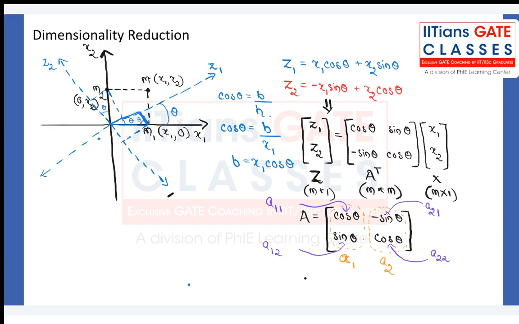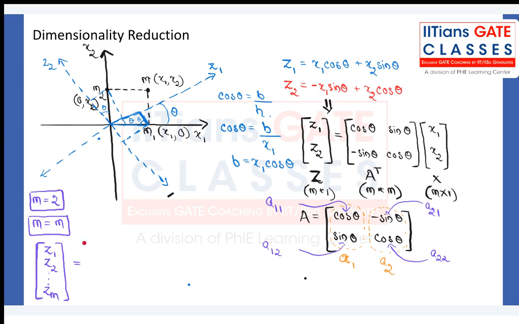Okay, now this was for number of dimensions m is equal to 2. Now if I consider m is equal to m, what do we have? Then I have an m by 1 dimensional z vector. I will have those vector components here.